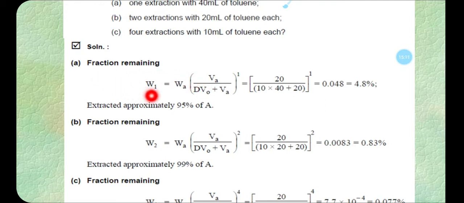So we know the fraction remaining in aqueous after the first extraction is W1. W1 is equal to WA, the initial concentration, times (Va upon D Vo plus Va) raised to 1, that means only a single operation. What is the volume of aqueous?